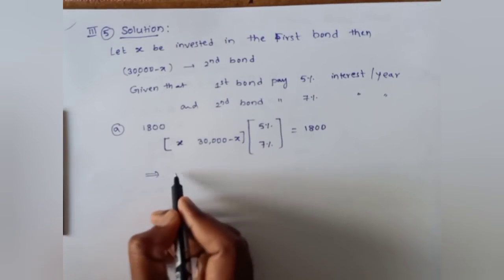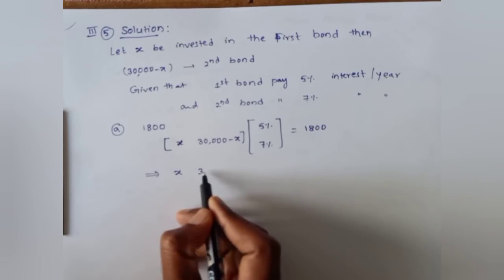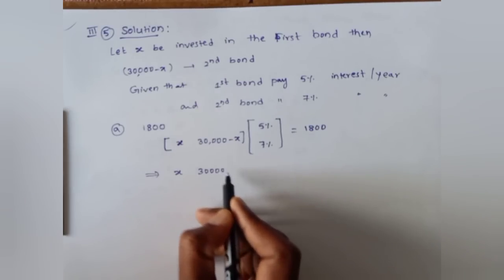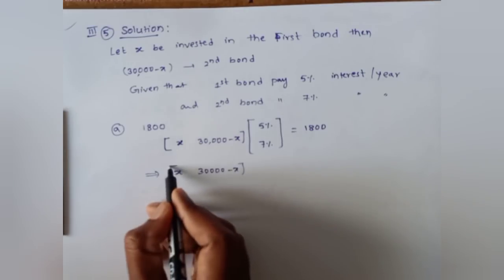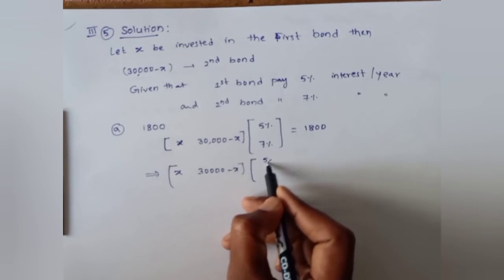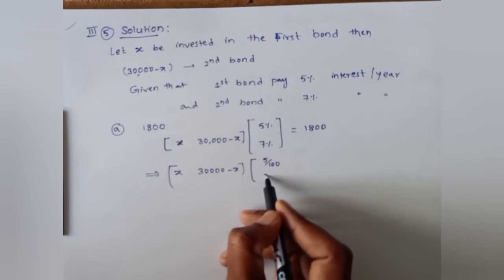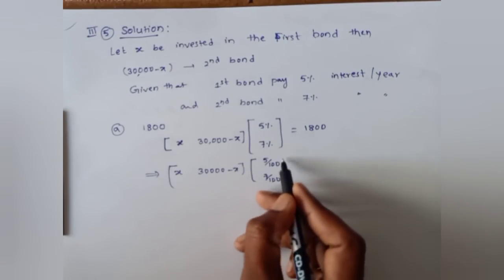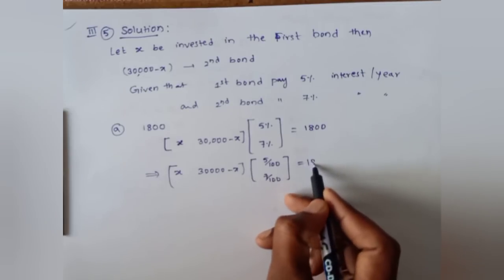This implies x and 30,000 minus x times 5 by 100 and 7 by 100 equals 1800.